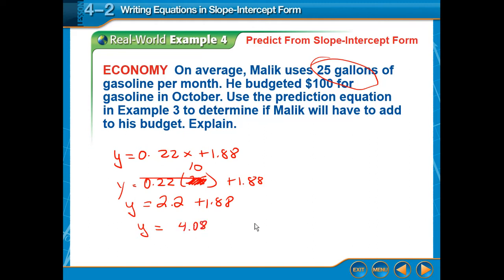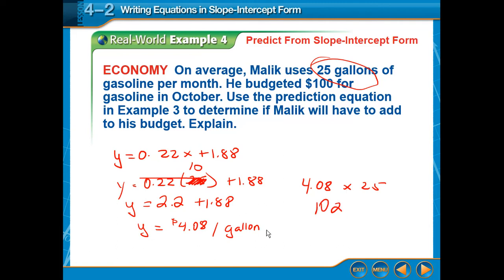408. So if it's $408 per gallon, and he gets 25 gallons, I'm going to do 408 times 25. So 408 times 25 is 102.